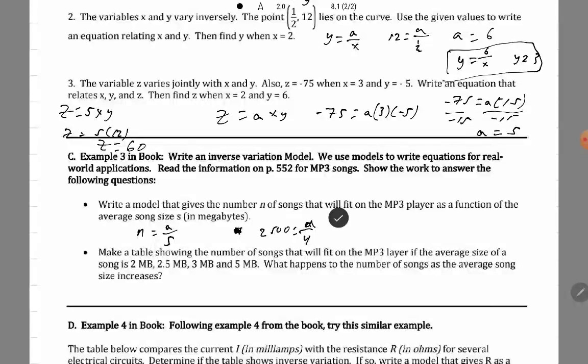This was probably on a chart of some sort. And then you have a equals 10,000. Not log. Go away, log. We're done with logs. 10,000. And then our formula would be N equals 10,000 over S.